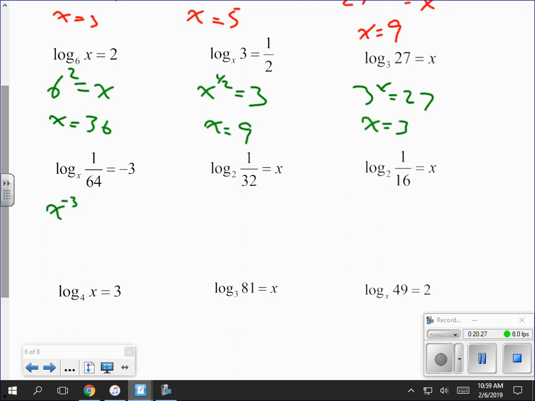X to the negative 3 is equal to 1/64. Well, the negative power doesn't really mean anything because it's already equal to 1 over something. So the negative gets taken care of there. What I need to do is, x to what power equals 64? 4 cubed. So x is 4.